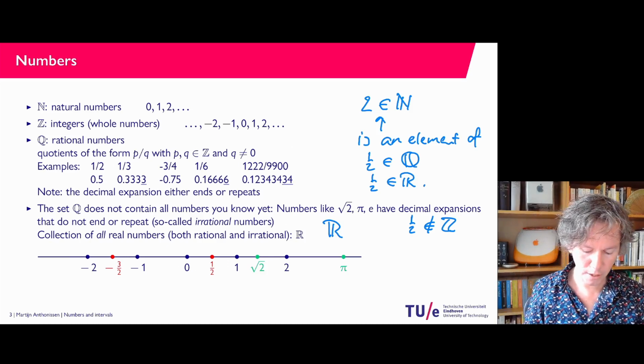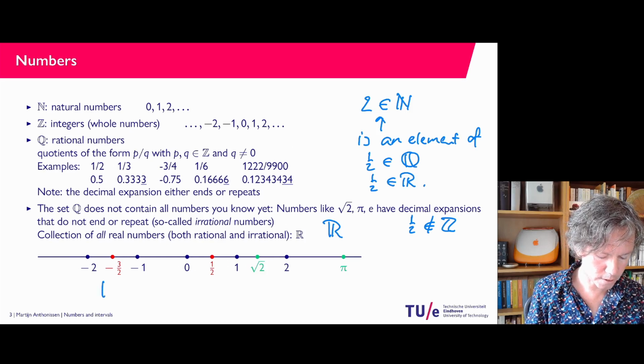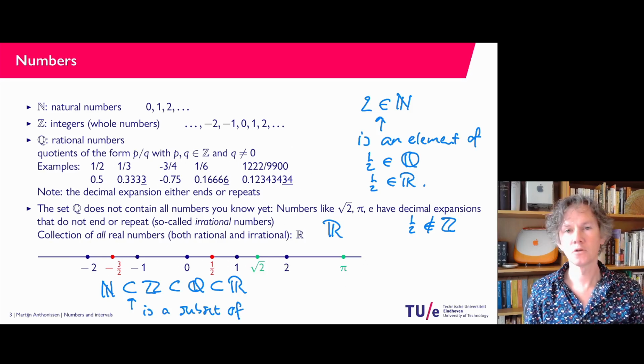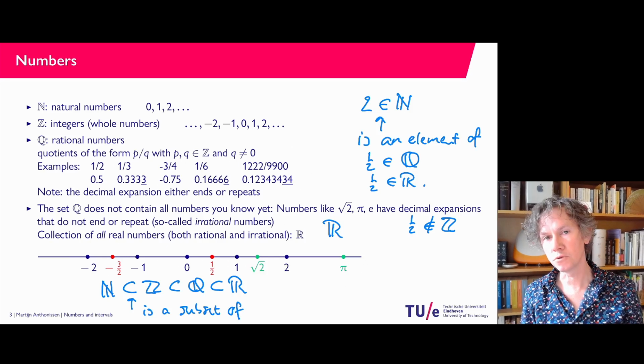And to denote that, you can also write that N is a subset of Z, is a subset of Q, is a subset of R. So this symbol means "is a subset of". So that is also something that we will be using sometimes.